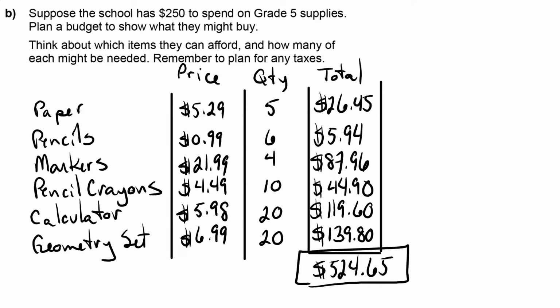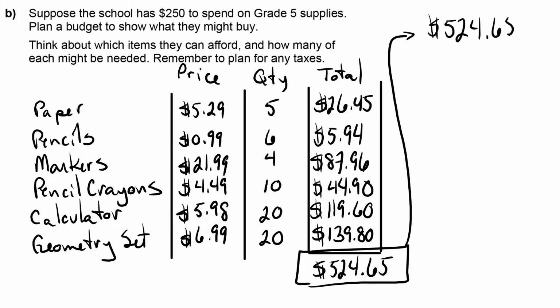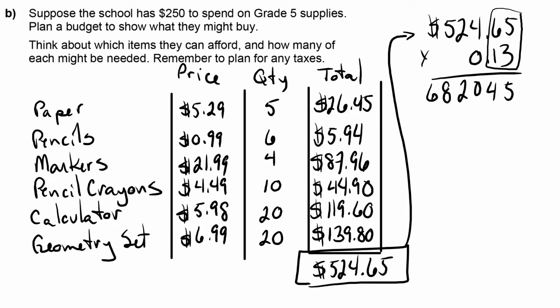Remember from our lesson earlier on, we had to figure out our taxes. And in Ontario, there's 13% sales tax. So 524.65 times 0.13 gives us 682045. Now we've got 4 decimal places that we have to work into our answer.